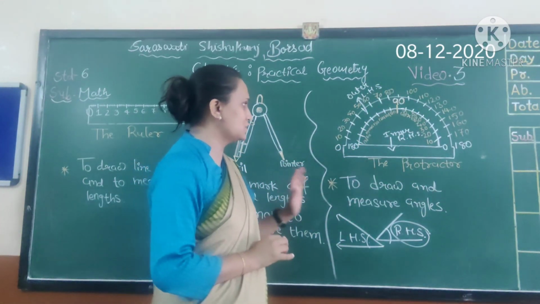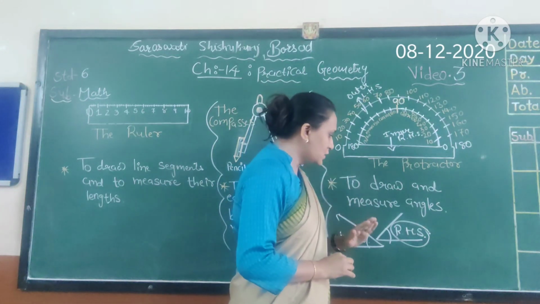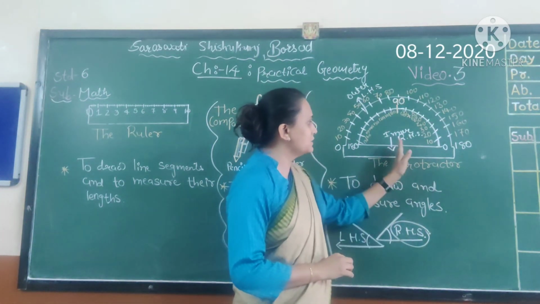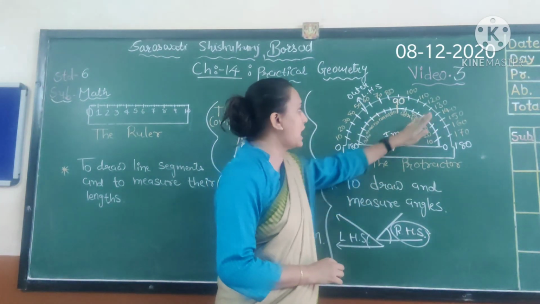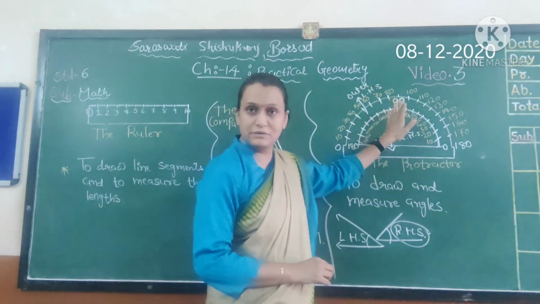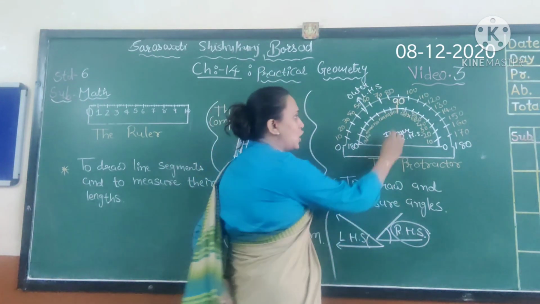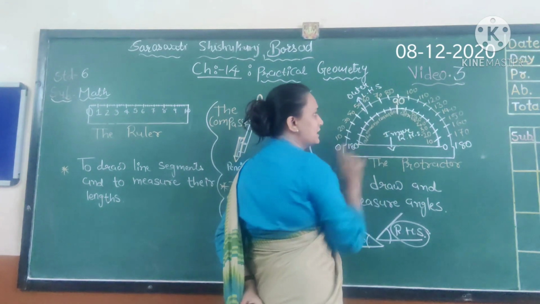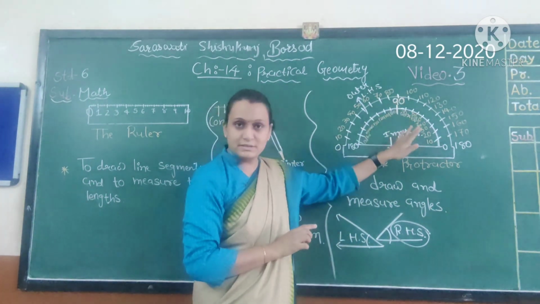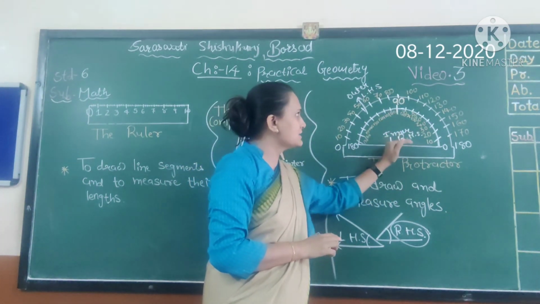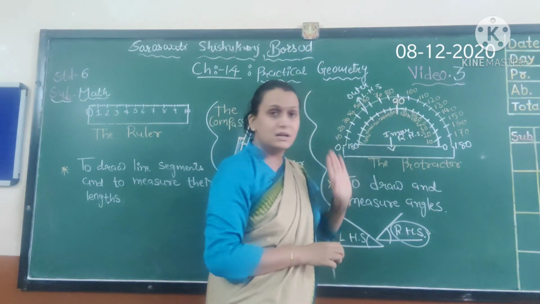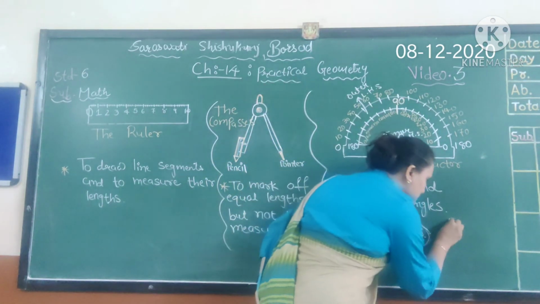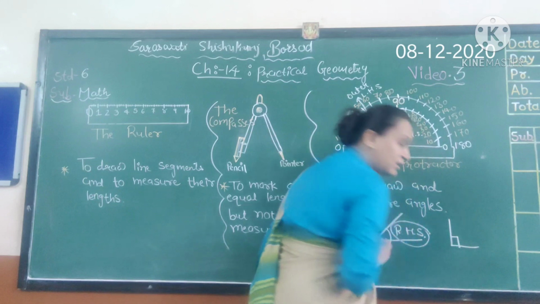So please make sure that whenever you are using the right hand side, then you are using the inner scale, and the outer scale is used for left hand side measurement. Here the common angle you can see is 90 degrees, common in both measurements. Whether you are using the inner scale or outer scale, the 90 degrees is the same, because 90 degrees is a right angle.